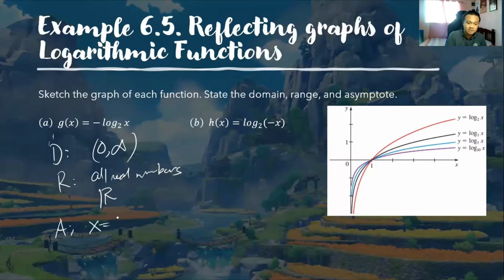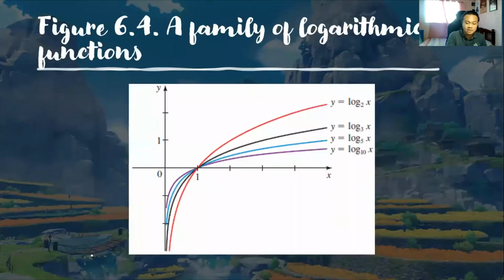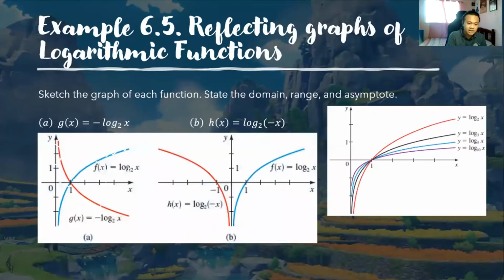It has a vertical asymptote, there is no horizontal asymptote. The vertical asymptote is x equal to 0.